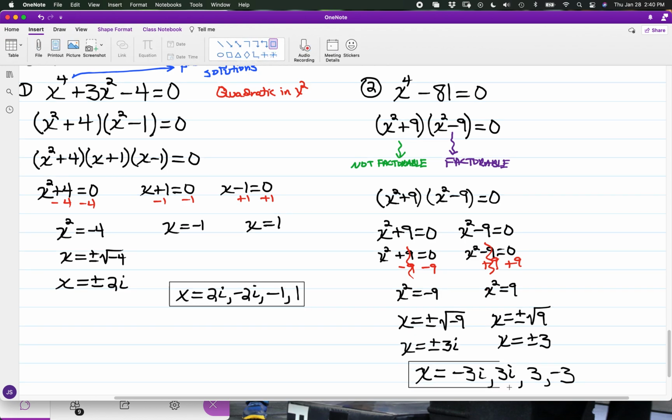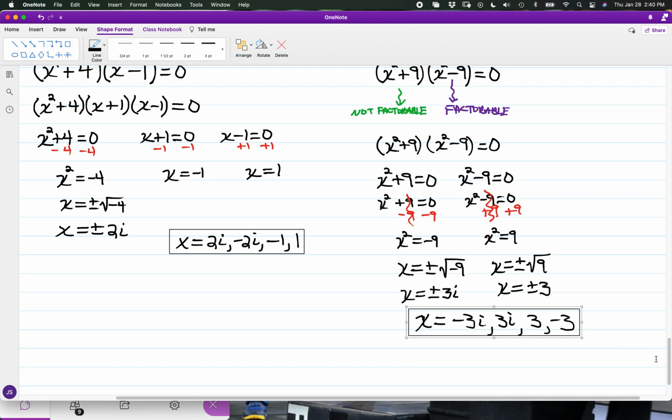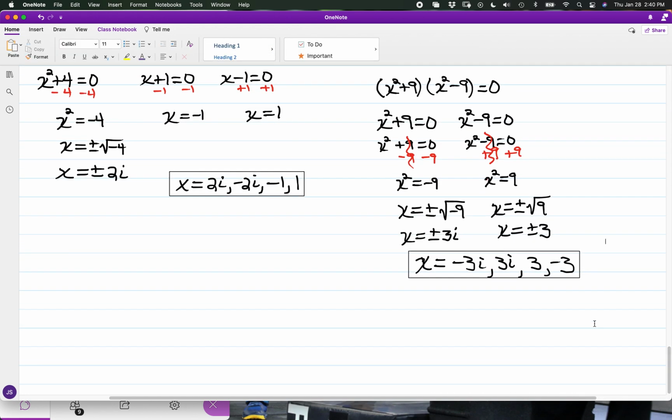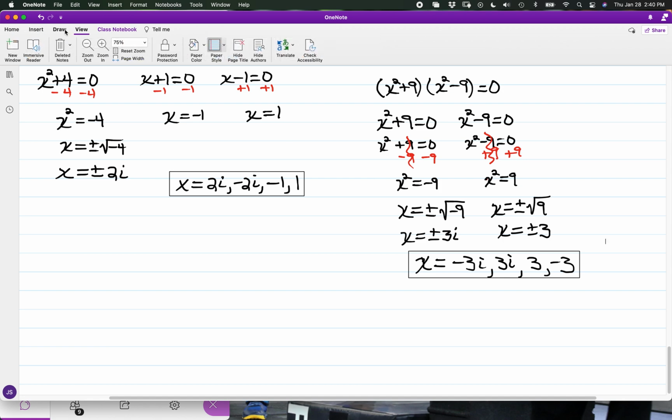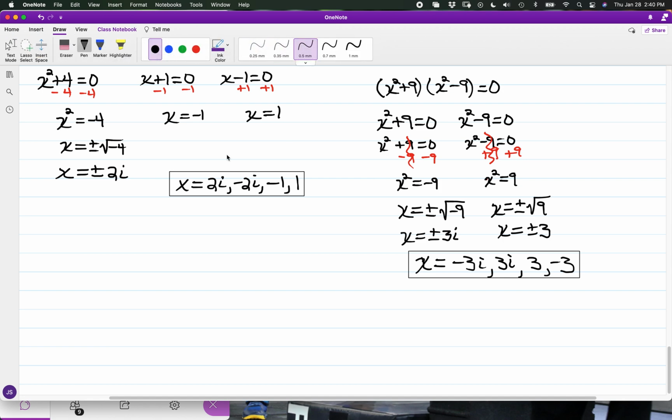And in looking at solving for x, I'll give you just some cases here. I'm just going to keep these in fourth degree.